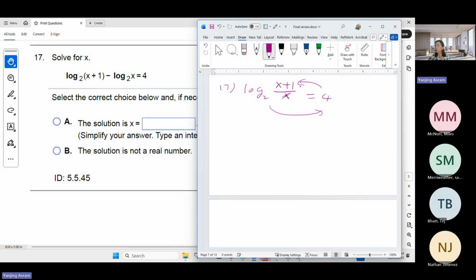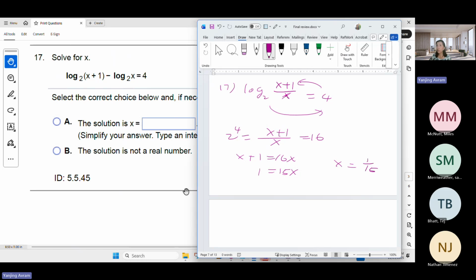So this will be 2 to the 4th power equal to (x plus 1) over x, okay? And 2 to the 4th power is 16, right? So you multiply both sides by x. So you're going to have 16x, and then you minus x. So this will be 15x. So x will be just 1 over 15.